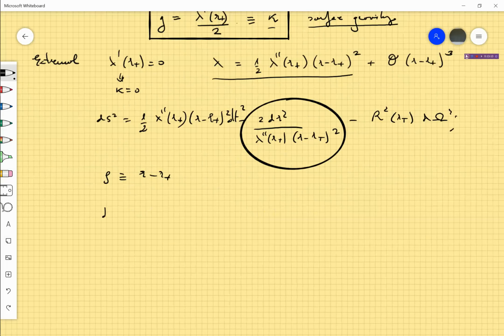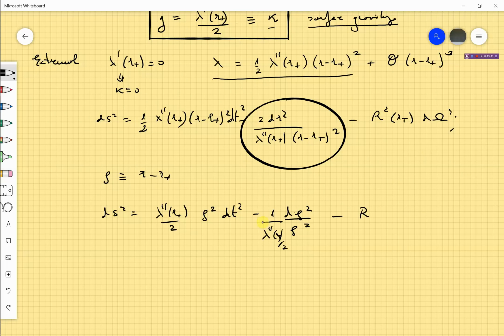Okay, then what you see in this metric is that this is lambda second halves, then you have rho squared dt squared minus d rho squared divided by rho squared, and also this divided by 1 lambda second r plus divided by 2, minus R squared of r plus d omega squared.